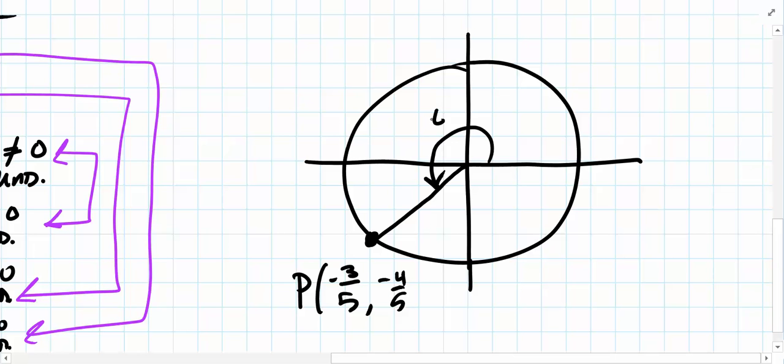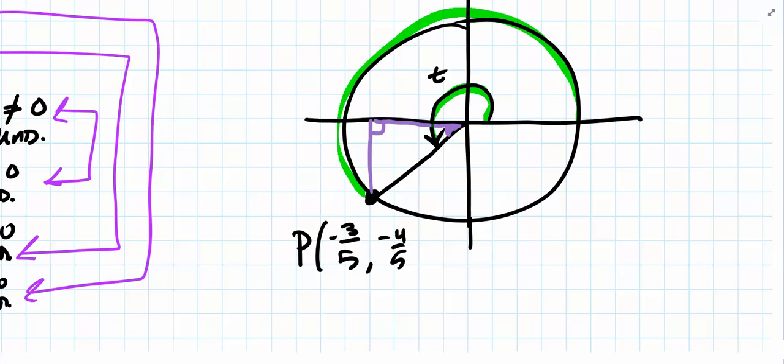And I want you to keep in mind that we could draw a right triangle here, and we could draw a little tiny angle inside there, all right? Now remember that this angle here corresponds to that angle there, right? And P corresponds to that same angle that we've drawn.